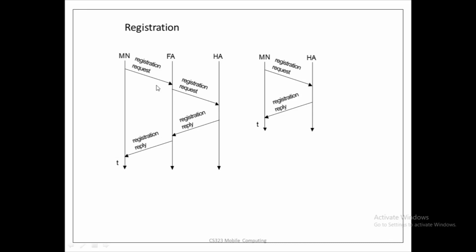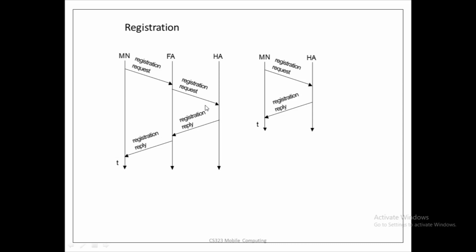And the home agent now sets up a mobility binding containing the mobile node's home IP address and the current COA. Additionally, the mobility binding contains the lifetime of the registration, which is negotiated during the registration process.